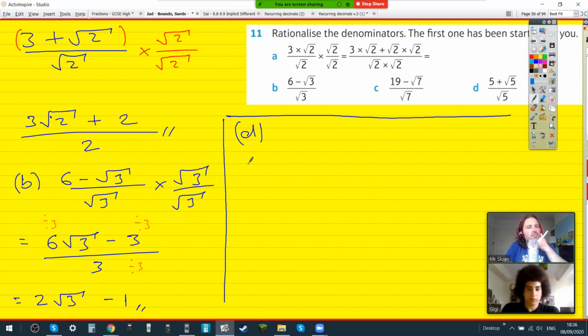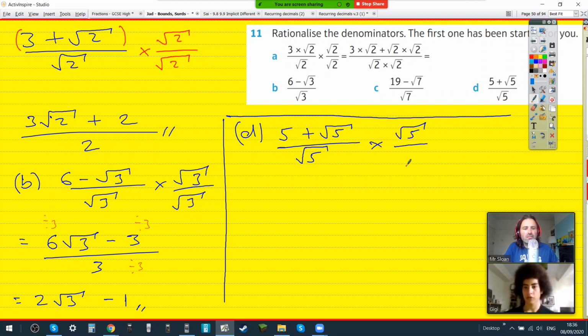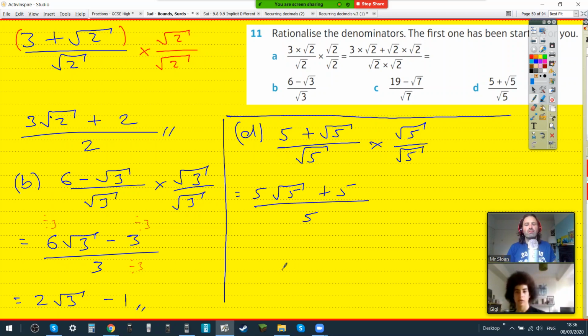Last one. Alright. 5 plus root 5 over 5. So you would times them all by root 5. So it would be 5 root 5 plus 5 over 5. Is that the answer?